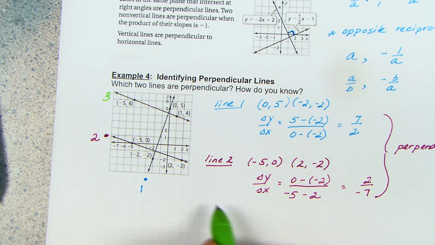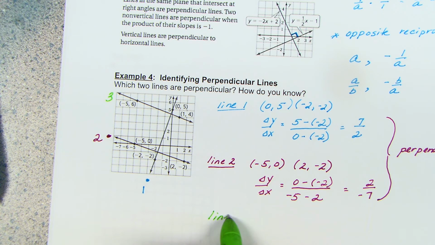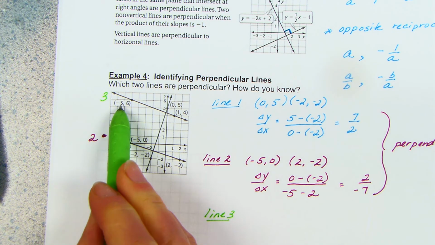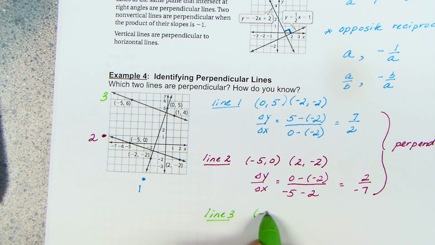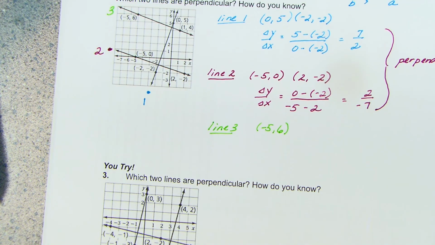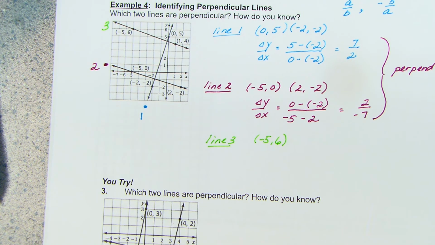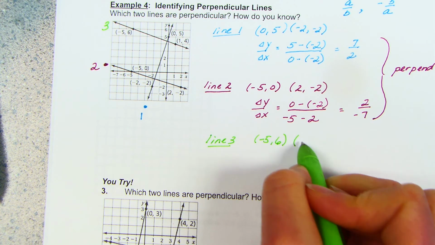Let's see. So for line 3, we have negative 5, 6, and 1, 4.